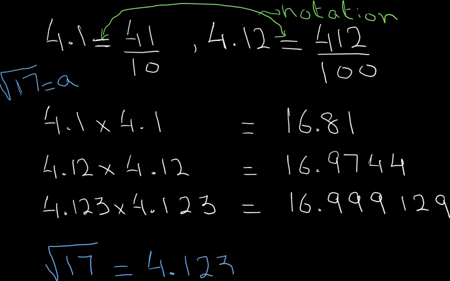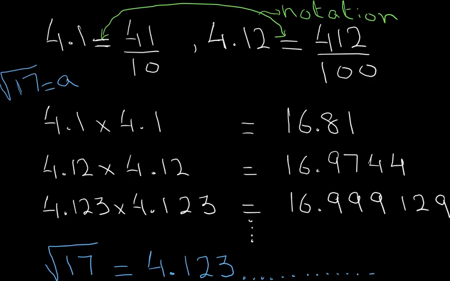I can always find a better approximation, and we can continue going to the next decimal place and the next decimal place and the next decimal place. So this just goes on forever, dot, dot, dot. So you can find better and better approximations to the square root of 17, because when I multiply 4.12310 and so on, it continues to go on, and it gets closer and closer to 17.